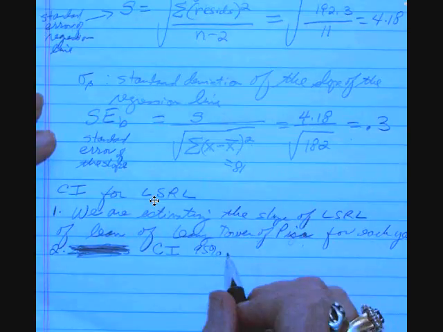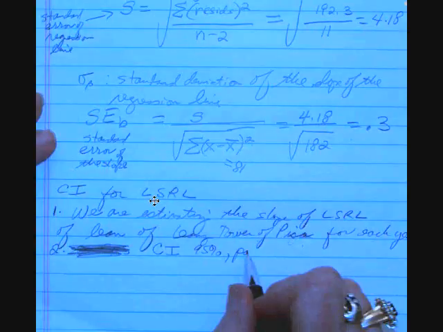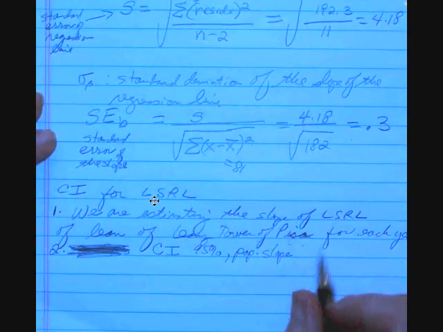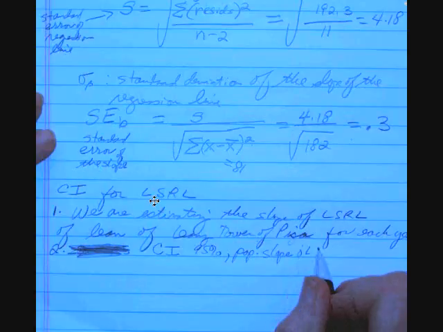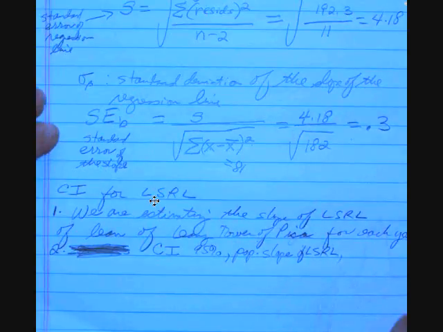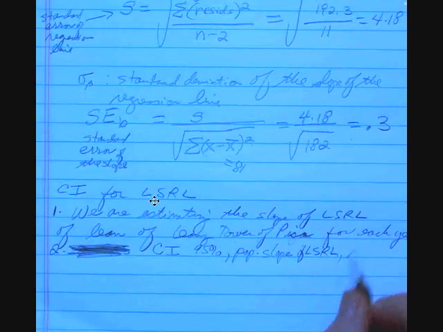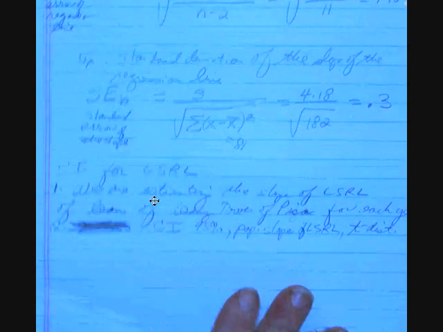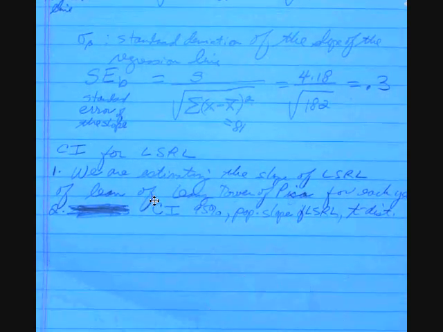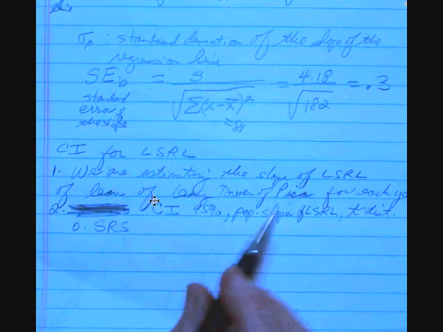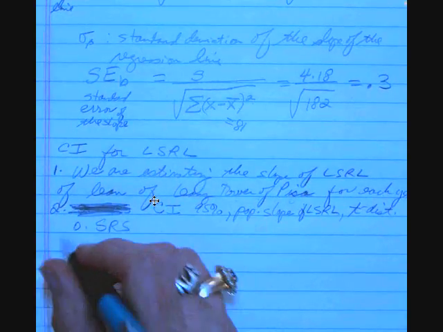We're going to do a population slope of the least squares regression line. My distribution that I get to use on this one is a t. Okay? My conditions. Condition 0, simple random sample. I start at 0 because yesterday I started at 1.